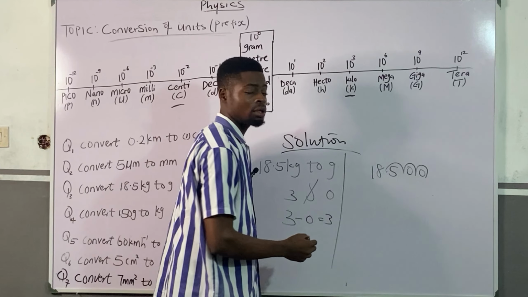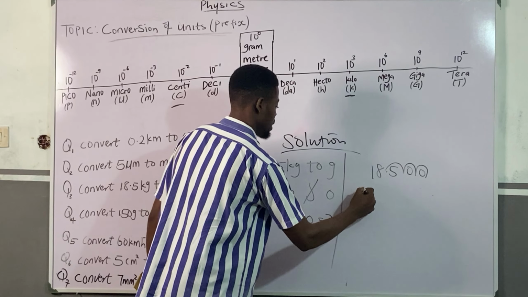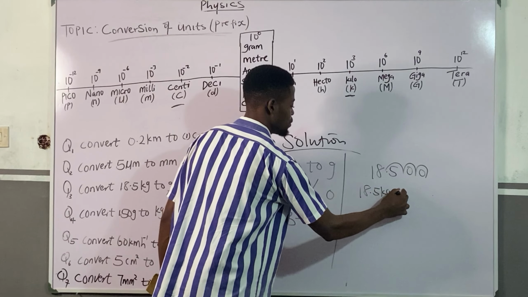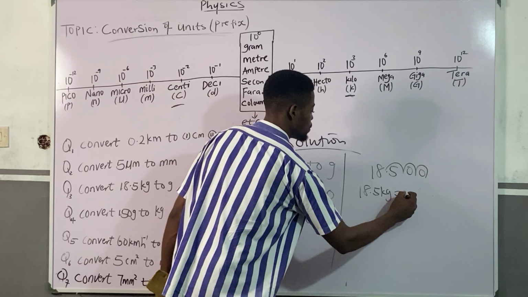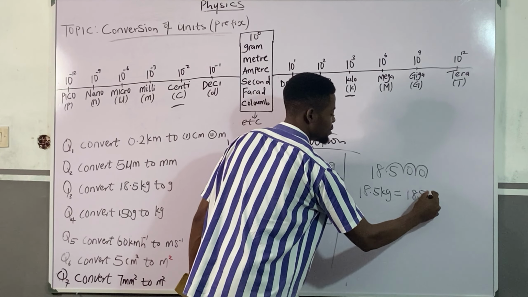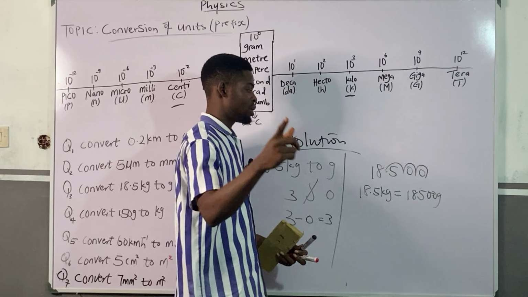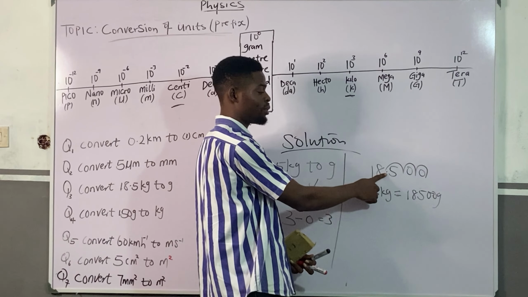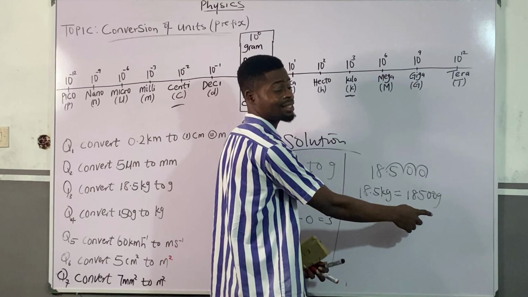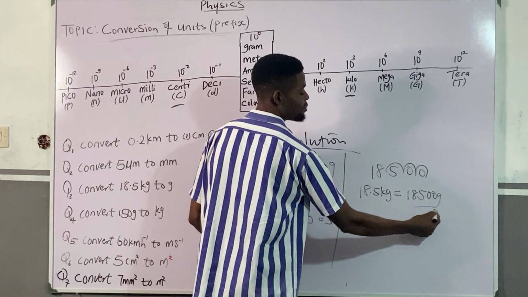So it therefore implies that 18.5 kg is equals to 18500 gram. Now remember, you have shifted the decimal point to this point here, so your decimal point is now serving as a full stop at the end of the value you have. So this is the final value.